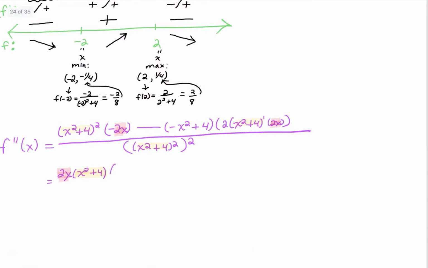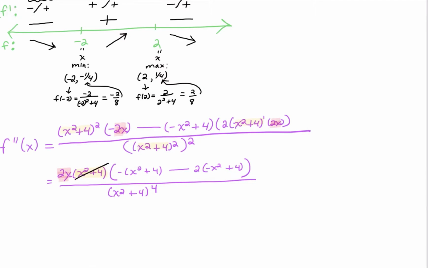All right, what do I have now left in my first term? I still have the negative as part of that monomial, and I also have the binomial, one of the x squared plus 4s remaining. In the second term, I have my minus. I have that little coefficient, that 2 that was left there, as well as the binomial of -x squared plus 4. And this whole thing is over our x squared plus 4 to the 4th power.